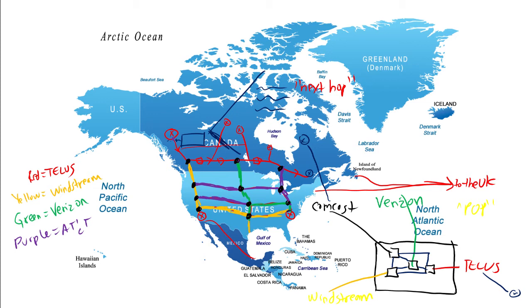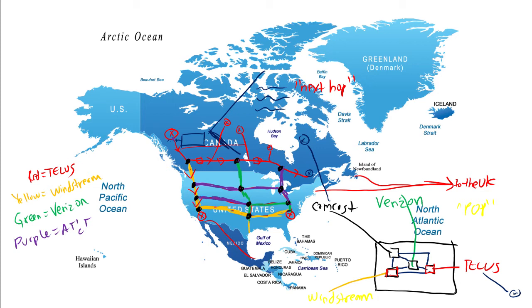And so it ends up in one of these points of presence. The Thales router says, hey, Windstream, I got some traffic for you, destined to California. And then Windstream's router says, okay, what's the best pathway? Well, it's on the Windstream network, so let's keep going this way.